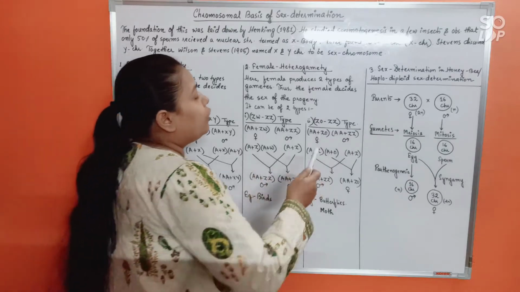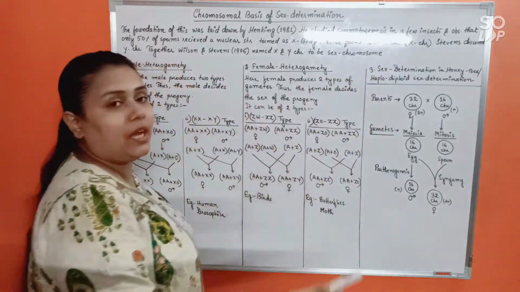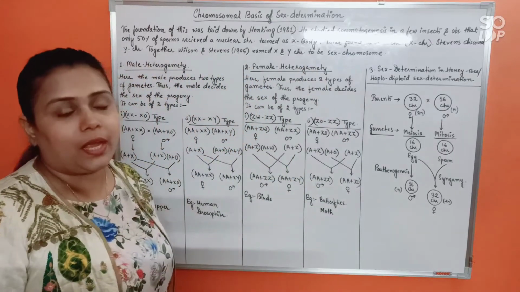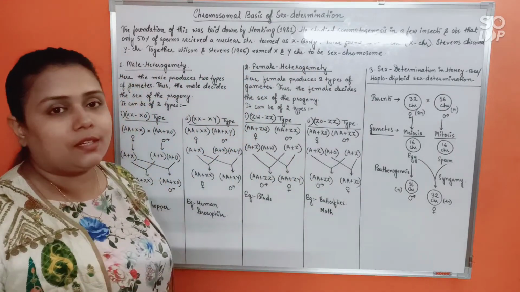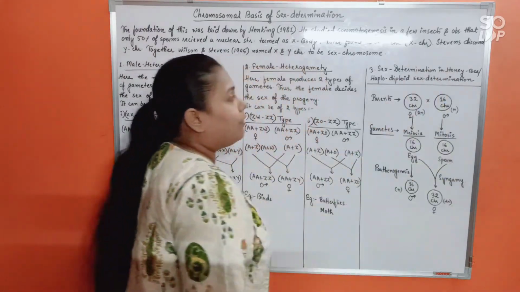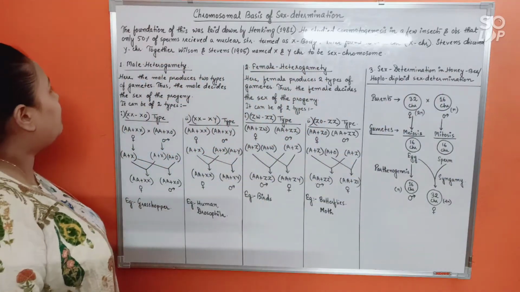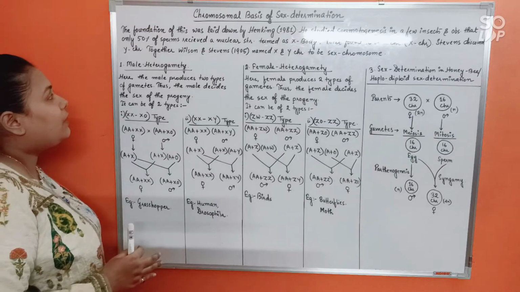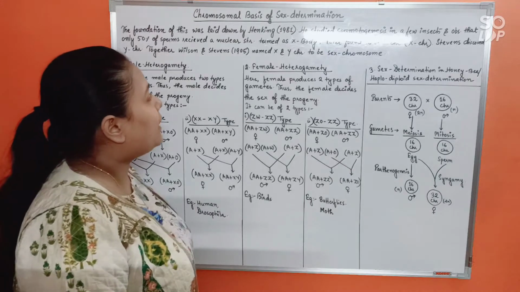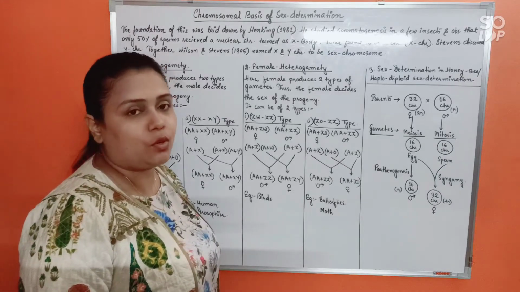Later on, different scientists found that the X body was actually a chromosome, and from then onwards it was termed the X chromosome. Later on Stevens, another scientist, discovered the Y chromosome, and together Wilson and Stevens in 1905 named X and Y chromosome to be the sex chromosomes.